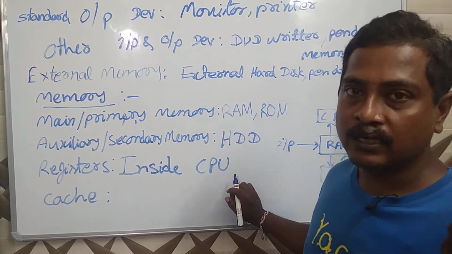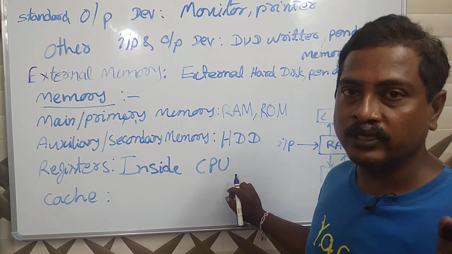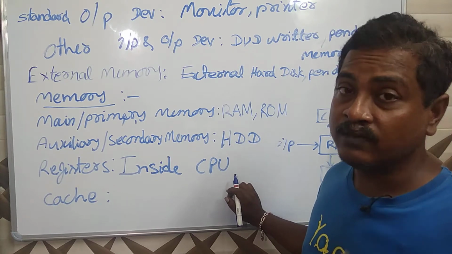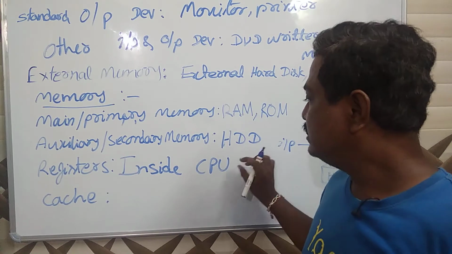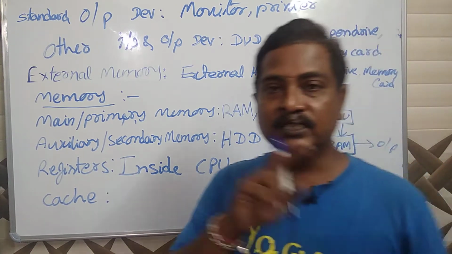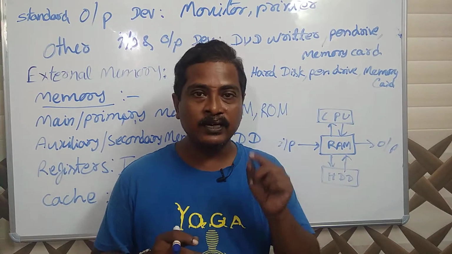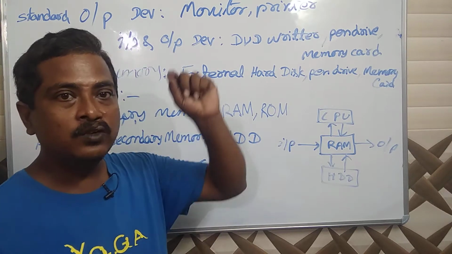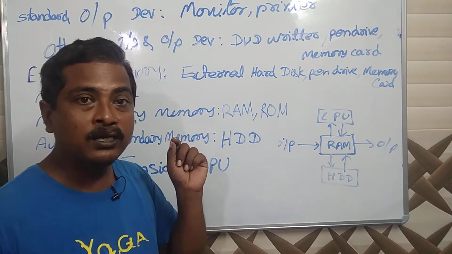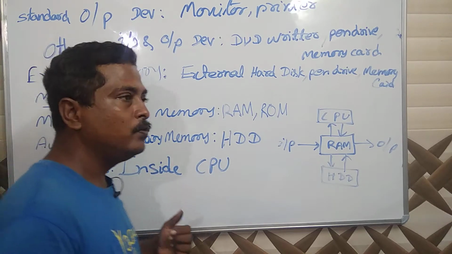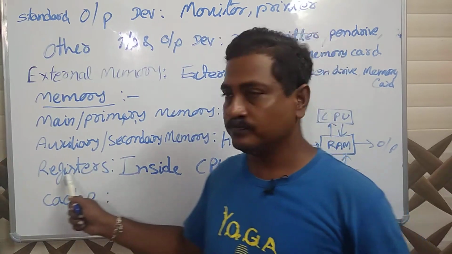When we calculate something, we have to store some values. To store some values, we need memory. That's why some small memories are there inside the CPU. In the basic block diagram of computer, I have written three things in the CPU. First is the control unit, second is the ALU, third is the MU. That memory unit is formed with the help of these registers only.